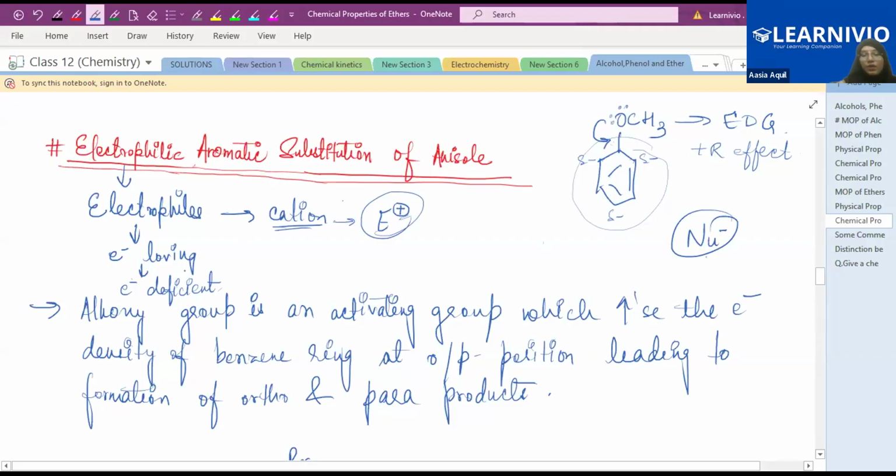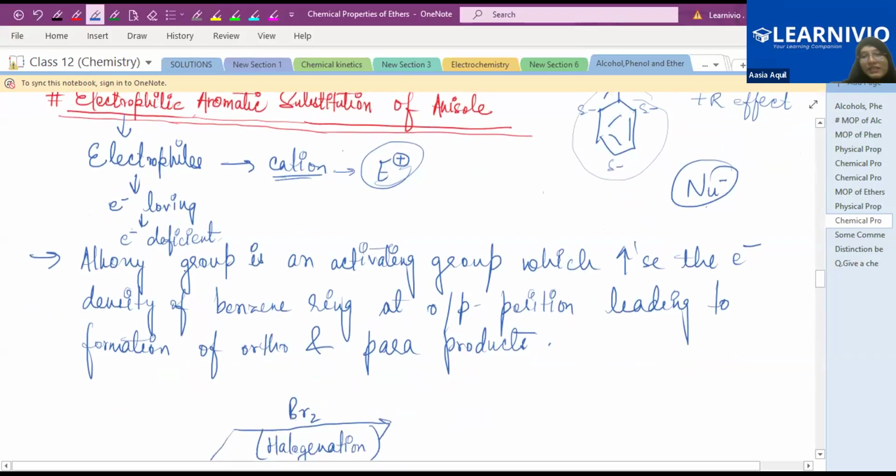Now let's see the electrophilic aromatic substitution of anisole. The alkoxy group is an activating group, it activates the benzene ring. Due to the presence of an activating, electron donating group, it increases the electron density of the benzene ring at the ortho and para positions, which leads to the formation of ortho and para products.